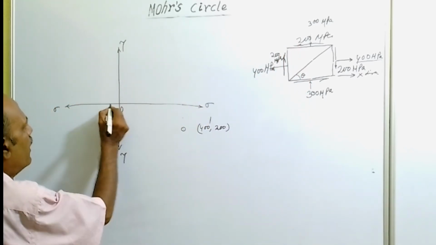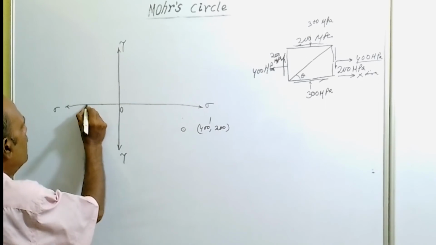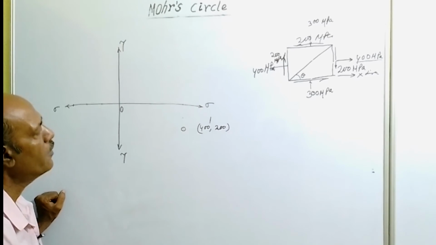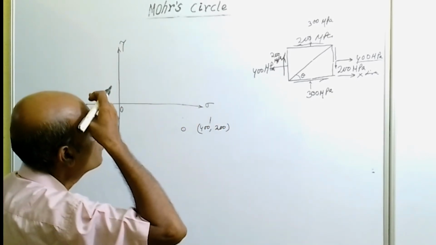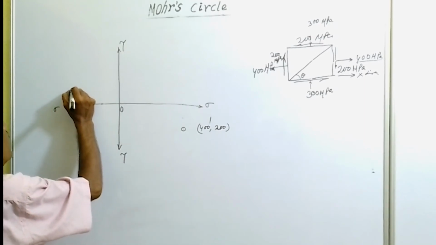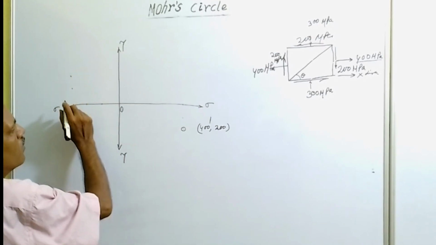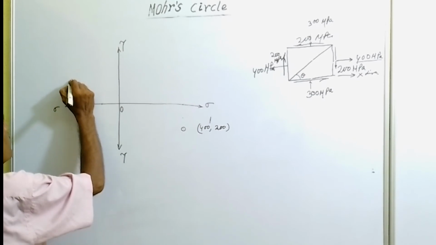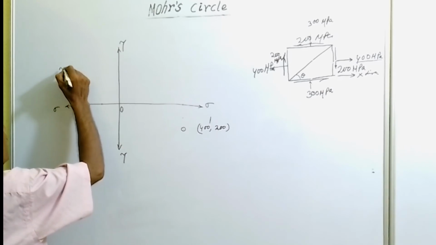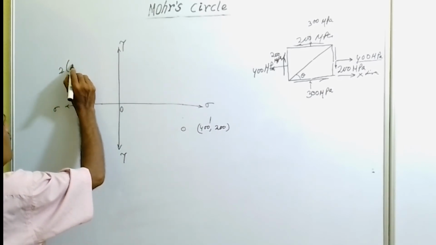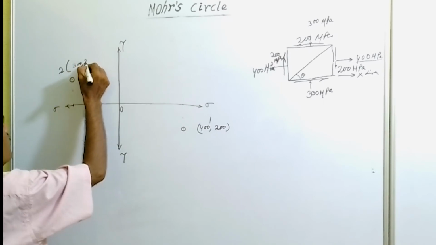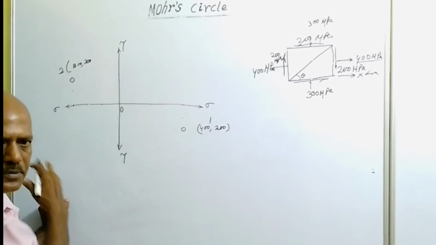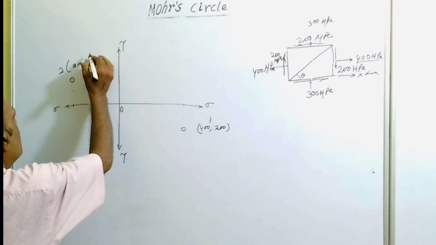From this point you move towards the left, 100, 200, 300, and 200 is positive. So we will get the second point, that is 300, 200. We have taken 300 directly because we have taken the negative side only. Okay, so we have got the second point.